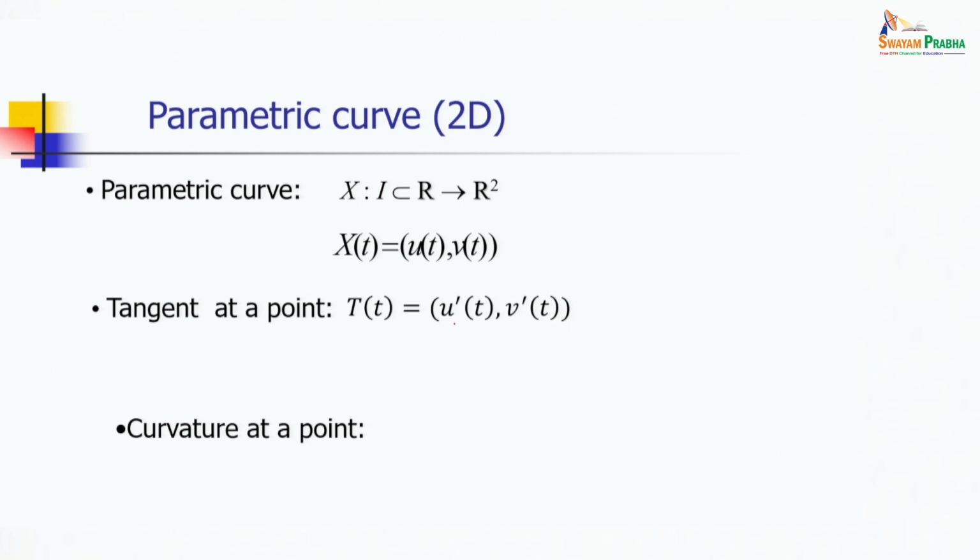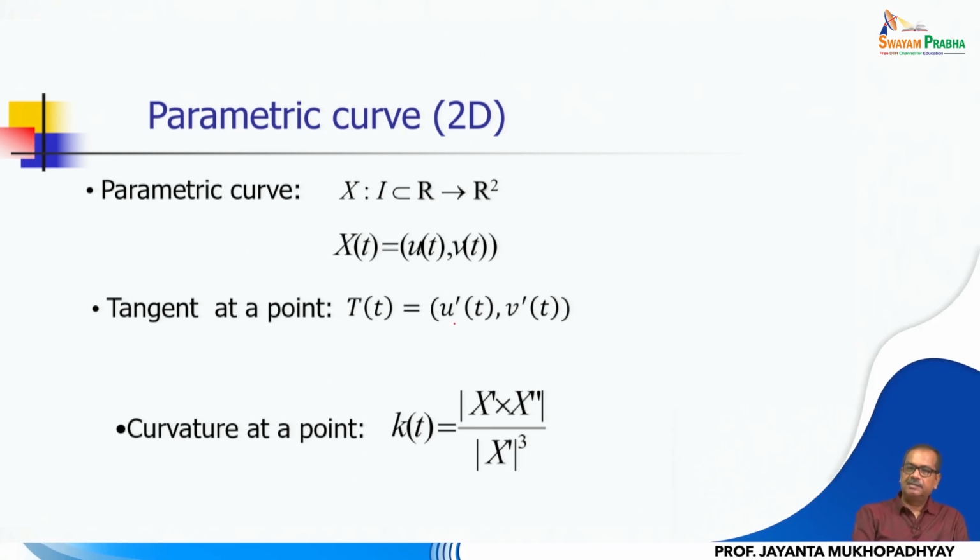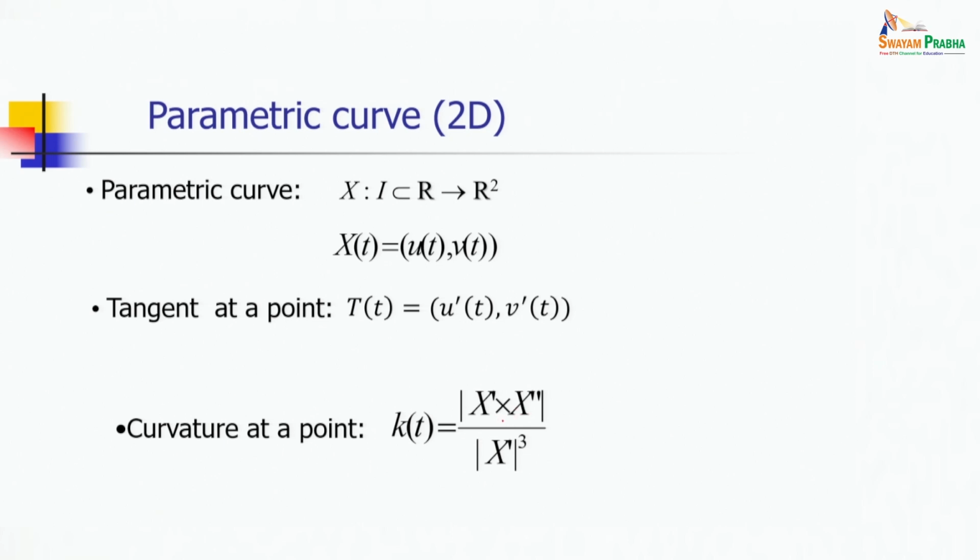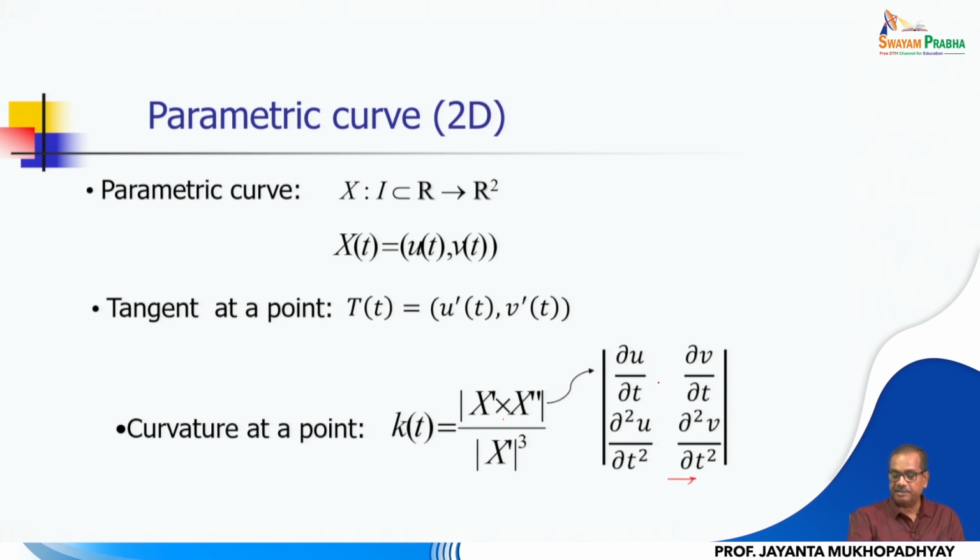So you take the derivative and you get the respective tangent vector. Whereas the curvature at a point is expressed in this form, where it is a cross product of two vectors. These are two-dimensional vectors, so it is effectively a determinant.